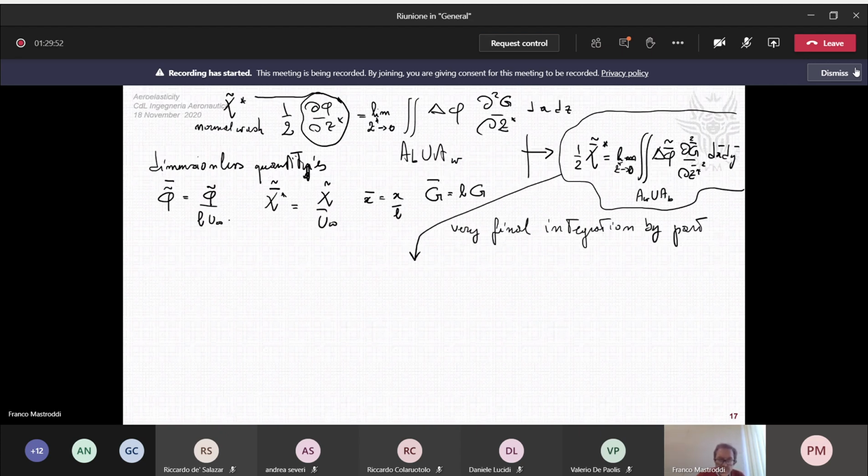And what do I have to integrate by part? Start with 1/2 of the normal wash bar at x star equal to, let me avoid the limit notation, the integral over wake and body of delta phi times the second derivative of g bar with respect to zeta star to the power 2.